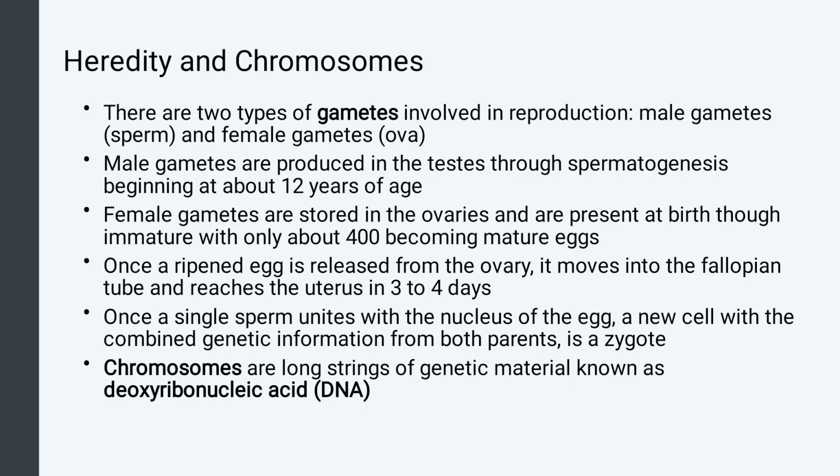So upon fertilization of the egg cell from the female and the sperm cell from the male in the fallopian tube, it forms a new cell that is called a zygote.